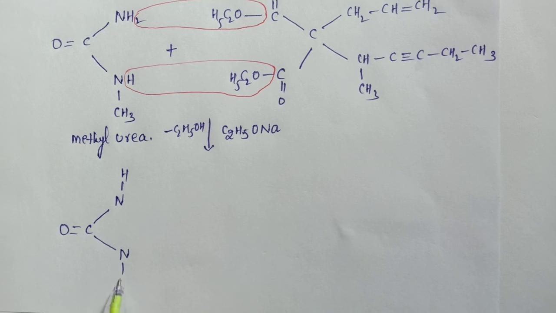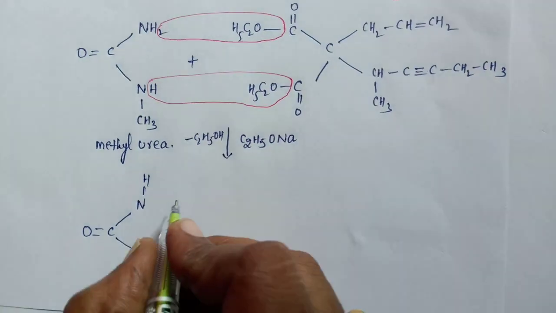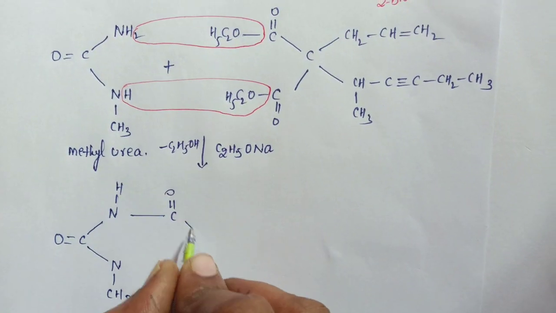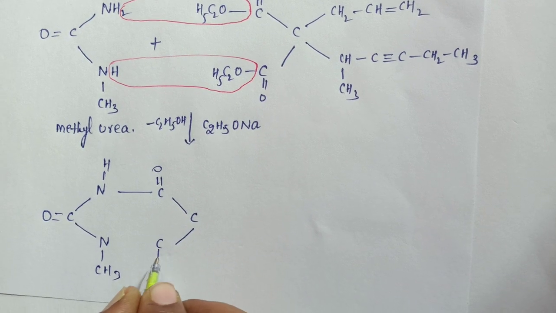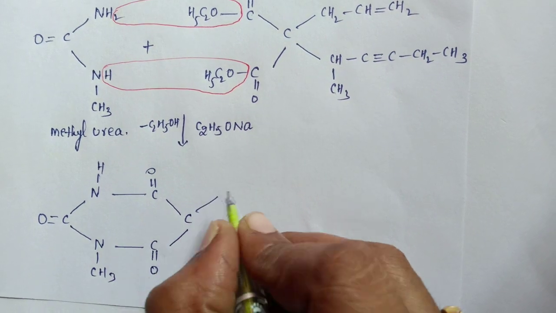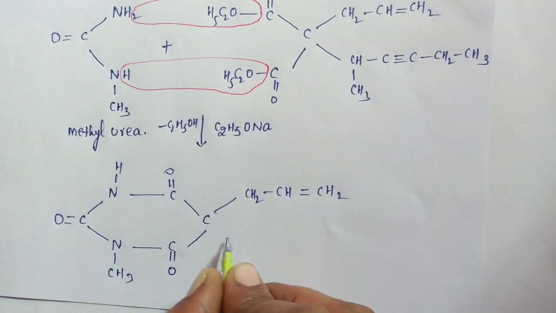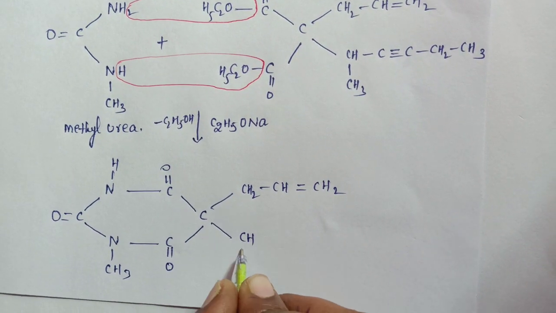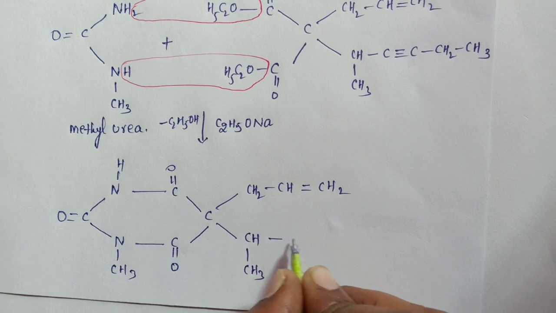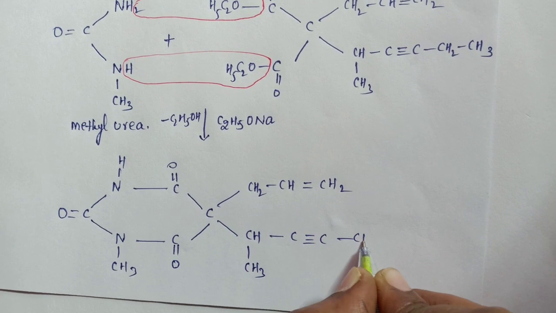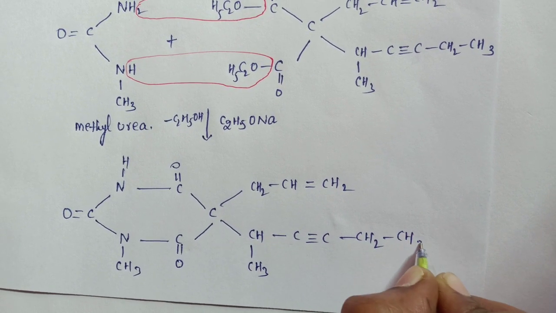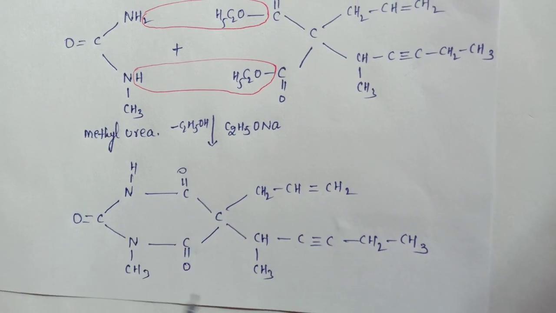For this N, one methyl is there. And attach this carbonyl carbon, C double bond O, C, C double bond O, N. And for this one CH2, CH double bond CH2, here CH, CH3, C triple bond C, CH2, CH3. This is the structure of methohexitol.